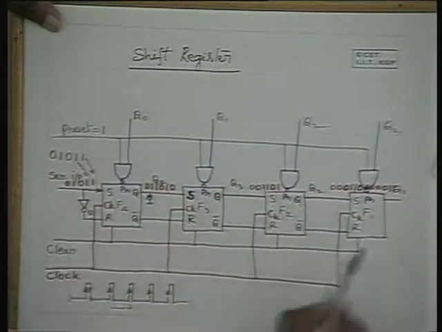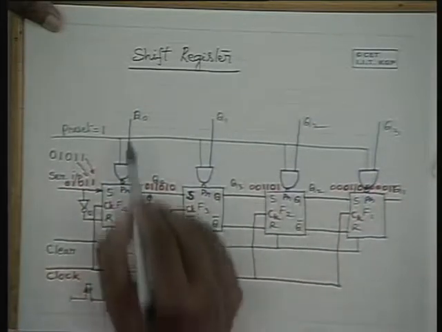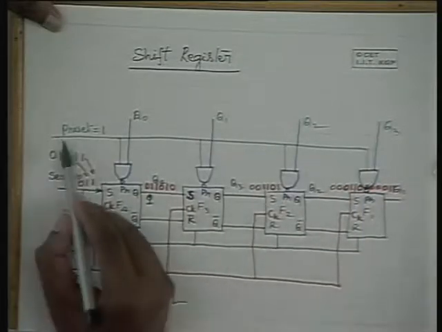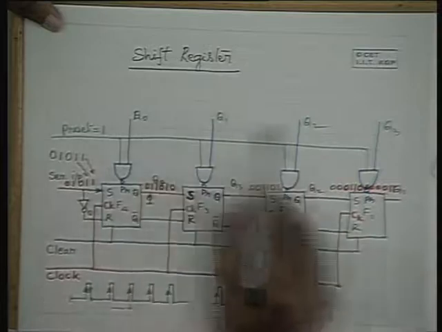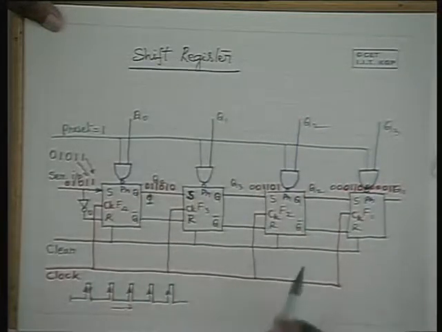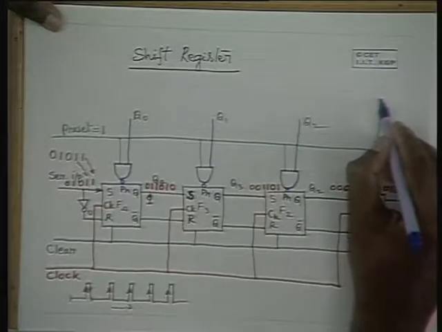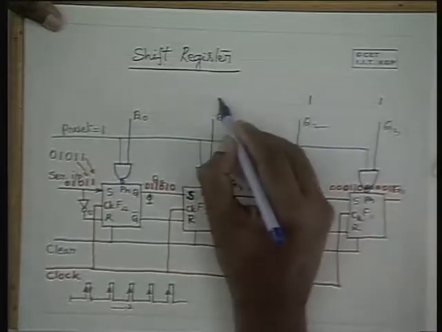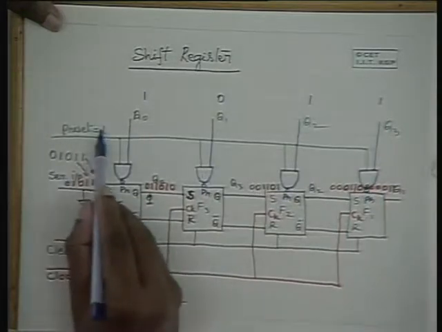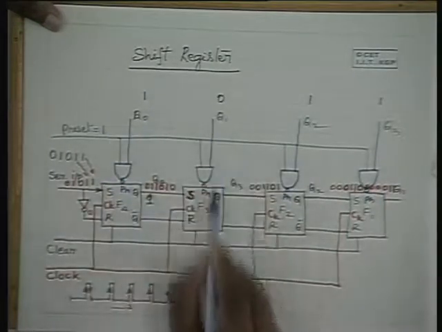Hence, this shift register can be used to load parallel data through this preset input and through these inputs. And once the data gets loaded, for instance, let me take a data set like 1101. Then upon making the preset equal to 1, this gets loaded.